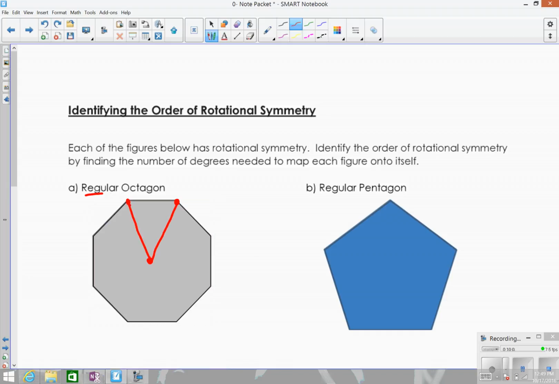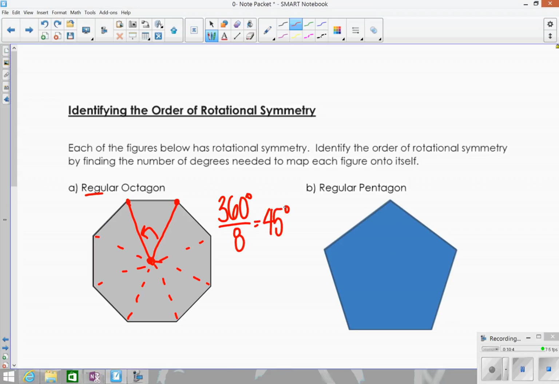And since it's a regular octagon, that means that all sides are equal, all angles are the same. So all of these central angles, they're called central angles because they're in the center, are going to be the same. So really what you're trying to find is this angle right here. And an octagon has 8 sides, so that means there's 8 central angles. If I were to sketch them all in, there's 8 of them because they would connect to the 8 sides. So all of these angles would have to add up to 360, and if there's 8 of them, I just divide 360 by 8, and you get 45.